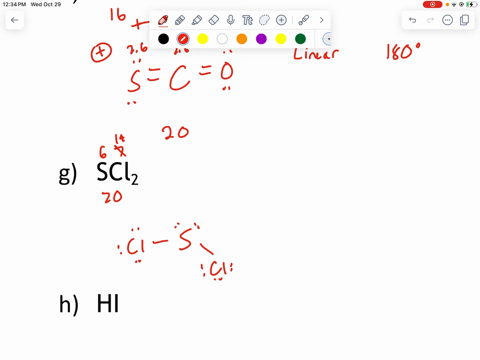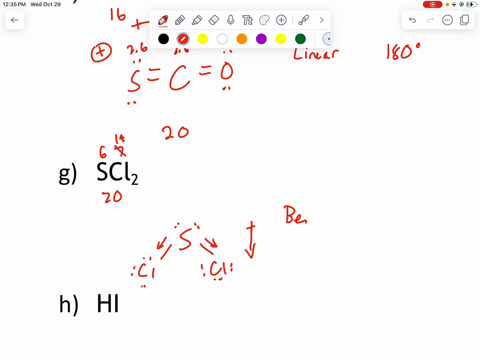Okay, so we have our bent shape. I'll make this a little bit nicer. All right, so between chlorine and sulfur, chlorine's more electronegative, so the arrows are going to go towards it. So here's your dipole moment.